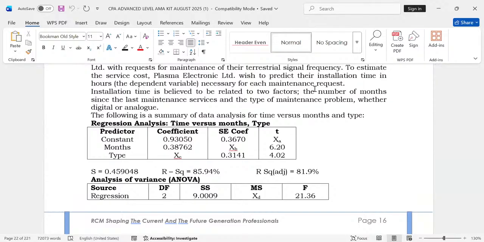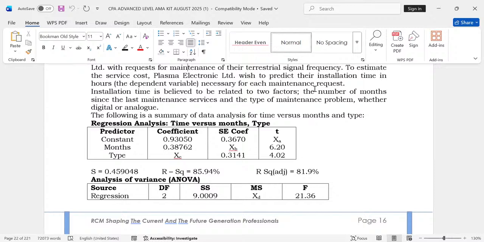So our y will be equal to a, which we already have, 0.93050, plus b1, which is 0.38762, plus b2, which was 1.2627, x2. And don't forget that this was installation time equals 0.93050 plus 0.38762 x1, which was what here, somebody?